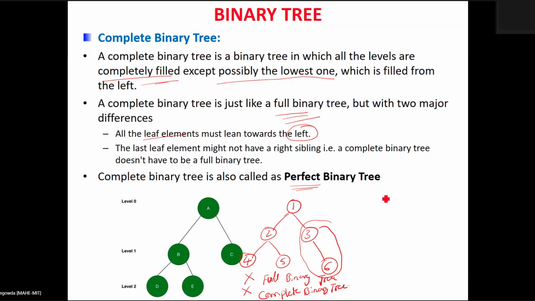Next, look at another example. I have a root node 1 and it has two children, 2 and 3, and 3 is having a left child 4 and a right child 5. Again, I wanted to know whether it is a full binary tree or a complete binary tree.